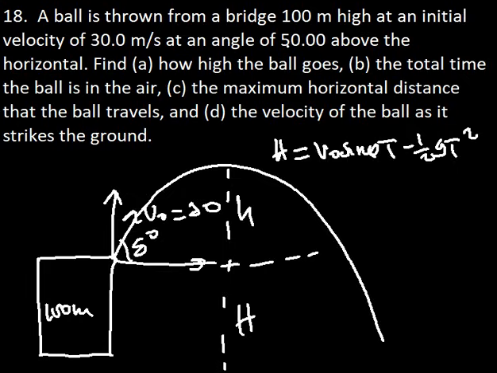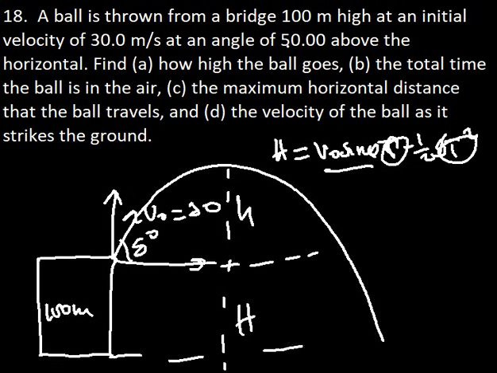For that case, we have the height of the building, which will be substituted as negative. Then we have all these, and we'll be able to solve for t like that. And we're looking for the maximum horizontal distance that the ball travels.